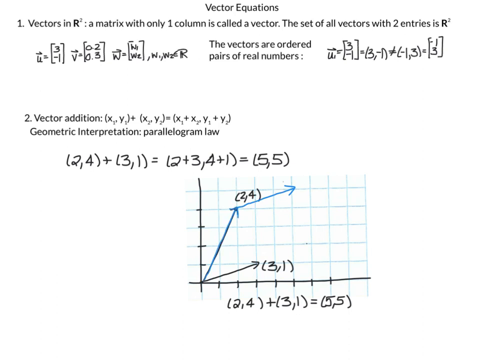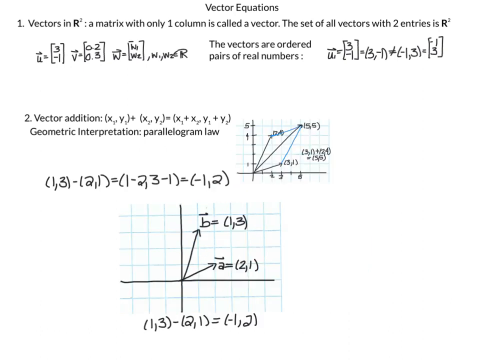Similarly, I'm going to take my vector (2, 4) and move it so that its beginning is at the end of the (3, 1) vector. And now I have a parallelogram. I draw the vector from the origin to the other corner of the parallelogram, and this gives me exactly the point (5, 5), which is exactly what I got when I did this algebraically.